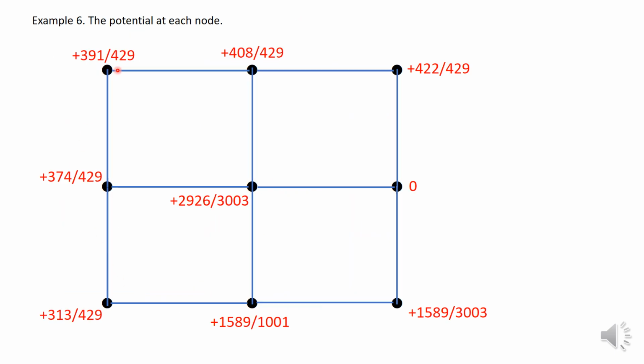If you wanted the potential at each node here, you can also find it. I've obtained this from the previous diagram. I've arbitrarily let the potential at this node be 0, and then using the current along this edge, this branch, together with the resistance, I get this potential.